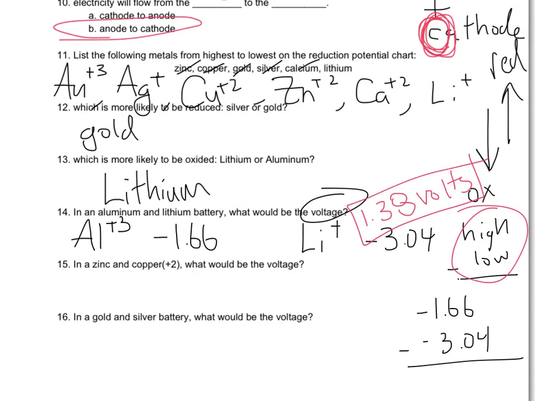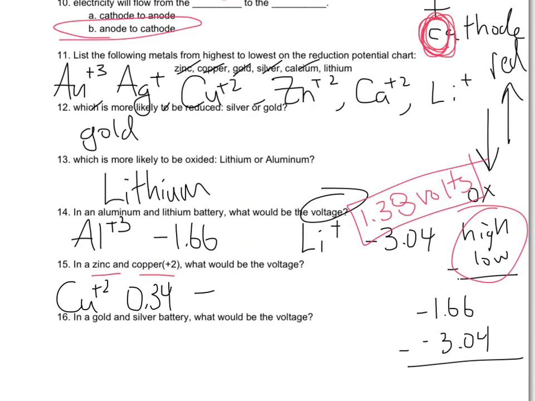In a zinc and copper, what would be the voltage? So notice how here I indicated +2, just like we did zinc and copper. So copper is highest, and this is Cu, and 0.34, so that's the high, and we will be subtracting the low.